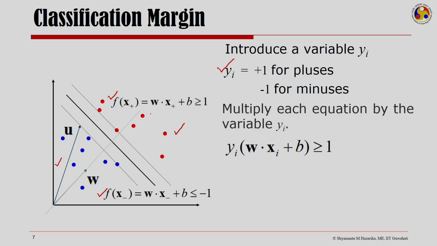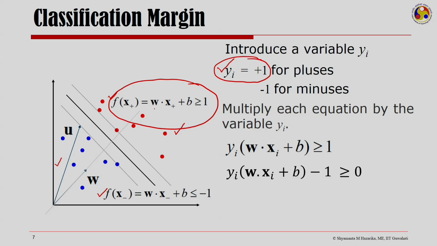If you multiply this side by +1, because here we are talking of the plus samples, and for the plus samples we know yi is +1, we have w dot xi plus b greater than or equal to 1.